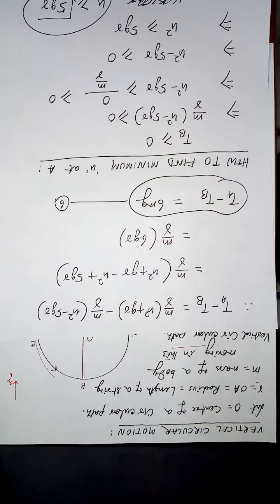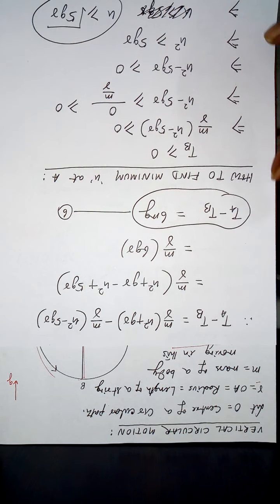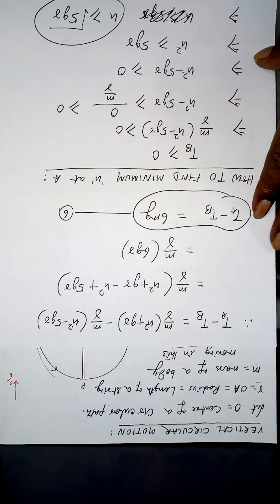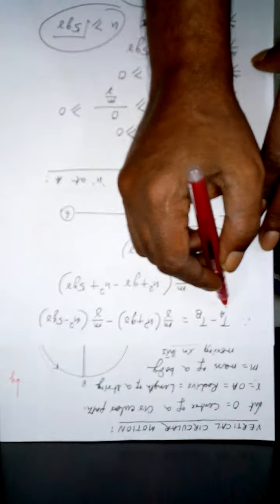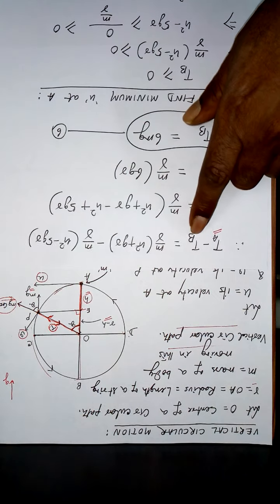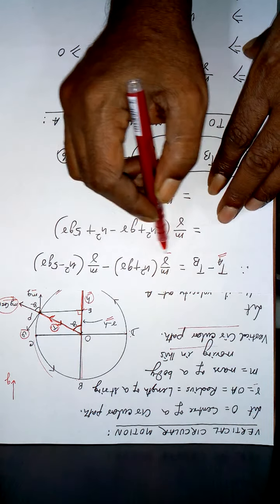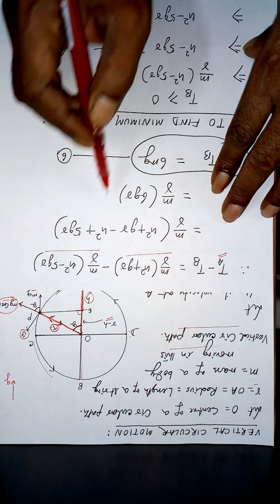Now let us find the minimum speed required to move in a vertical circle, and the difference of tension between the lowest point and the highest point. TA is the tension at the lowest point, TB is the tension at the highest point in the string. So this was your value of TA and this was your value of TB.